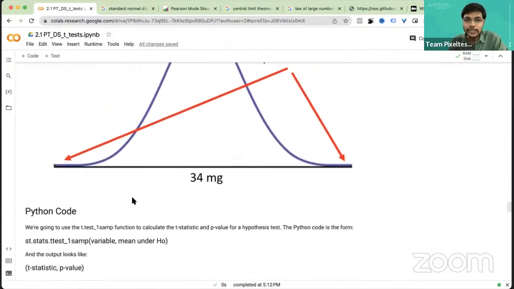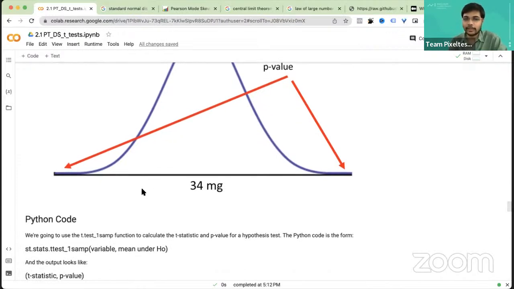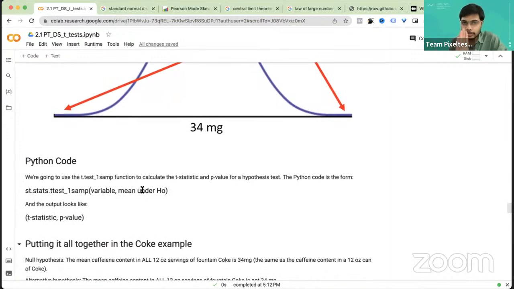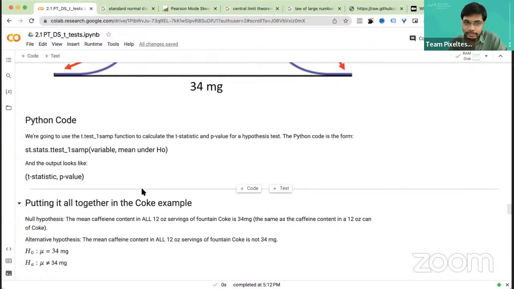So if you have understood when the null hypothesis is rejected and when it is accepted, hold it there, right? If it is way away from our mean, it is going to be rejected in the positive or negative direction.